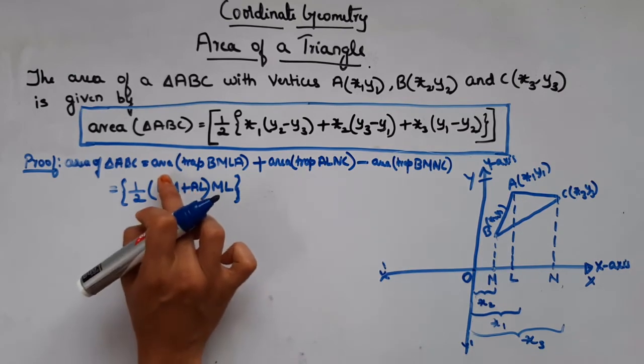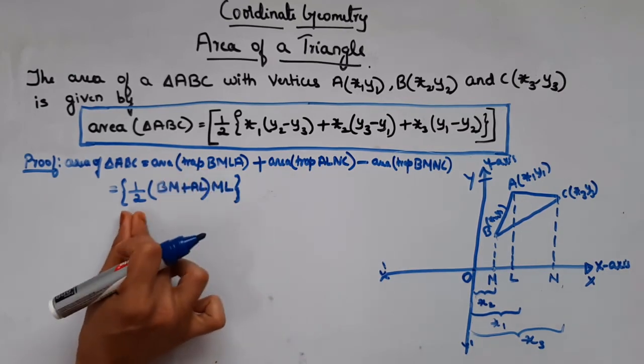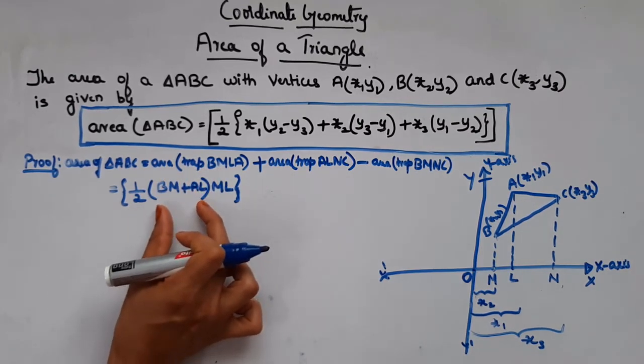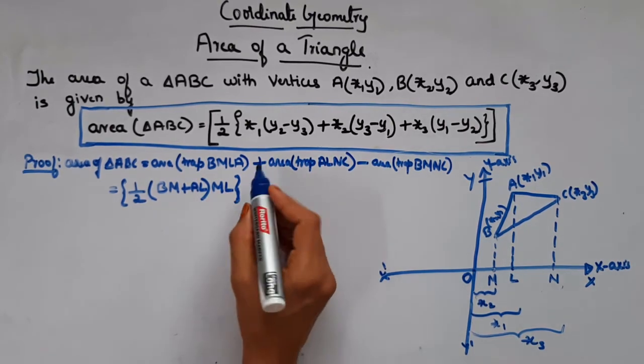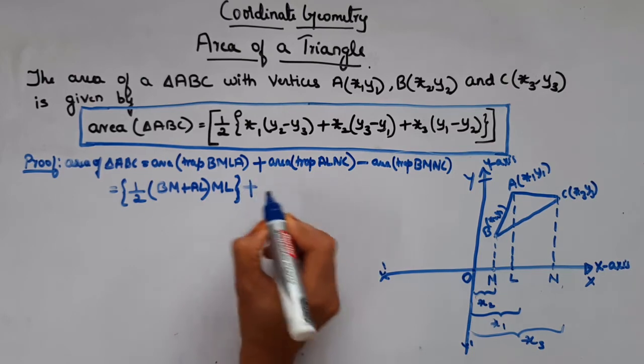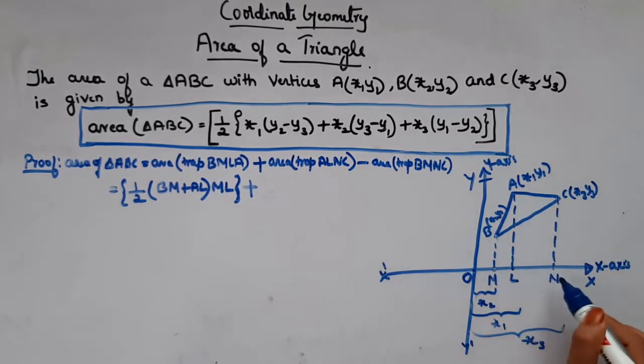So therefore area of the trapezium is given by half into sum of the parallel sides into the distance between those parallel sides, plus area of the trapezium ALNC.